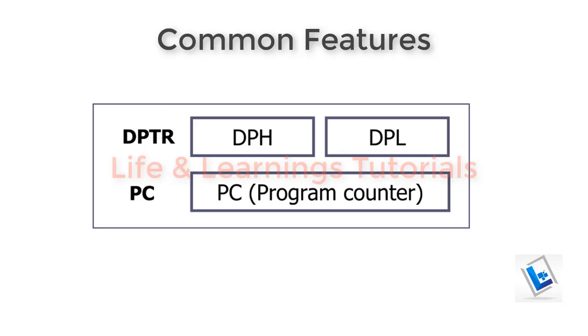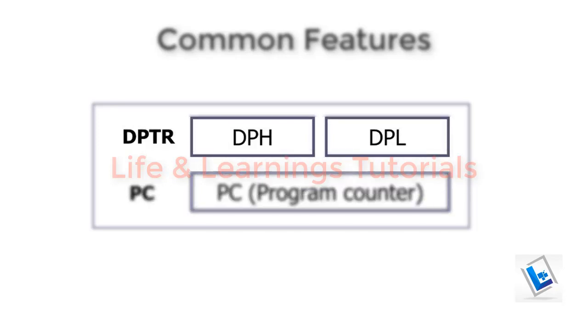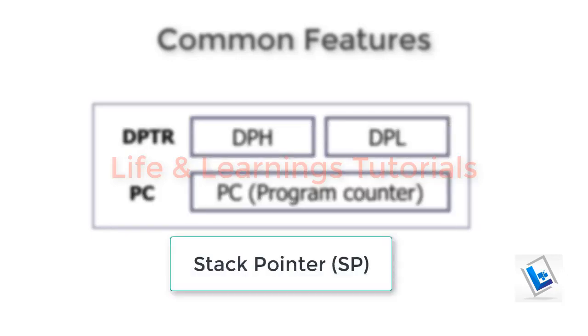The 16-bit program counter of 8051 is also known as PC, and it is capable of addressing on-chip 64 kilobytes of program memory. Along with this, it has a 16-bit data pointer register also known as DPTR and an 8-bit SP or stack pointer register.